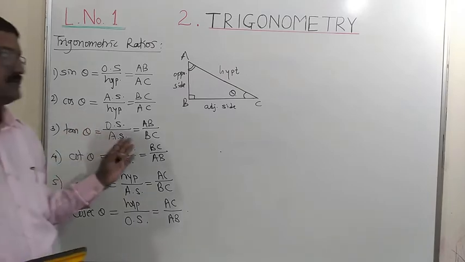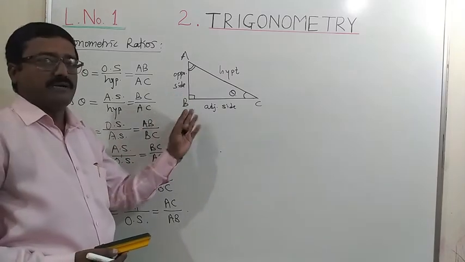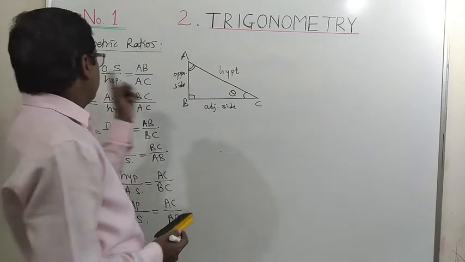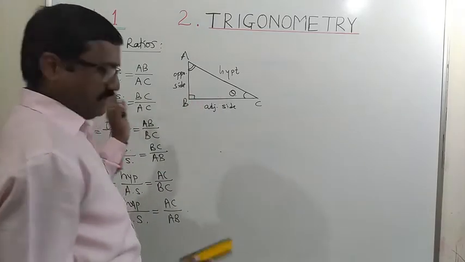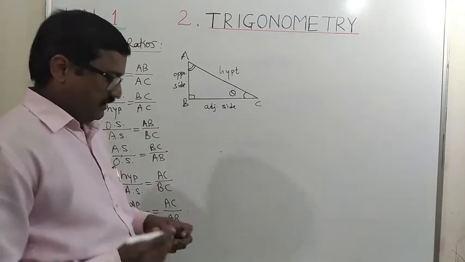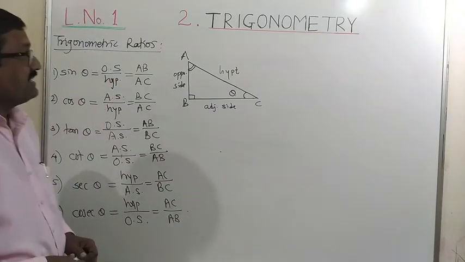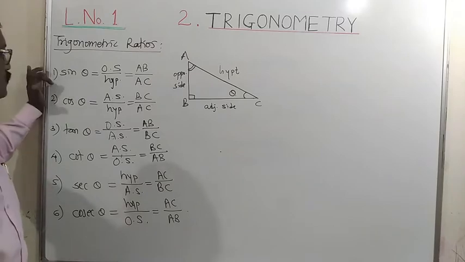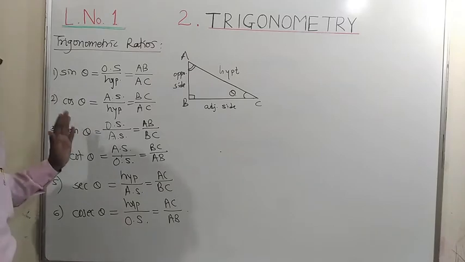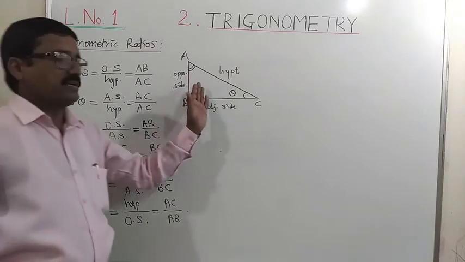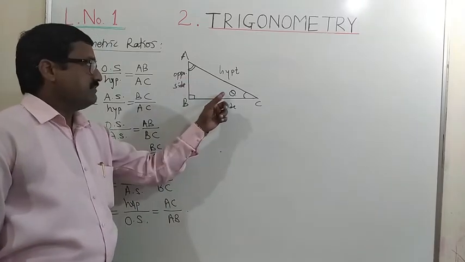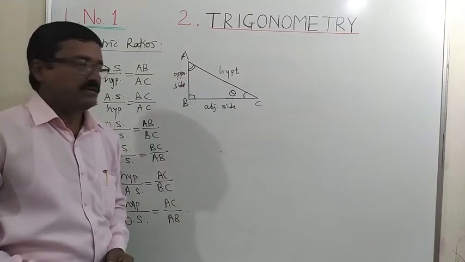These trigonometric ratios are related to a right angle triangle, and the angle theta here is an acute angle. But now it is time to extend these definitions of trigonometric ratios, because all these definitions are only for a right angle triangle, that is, whenever theta is an acute angle.